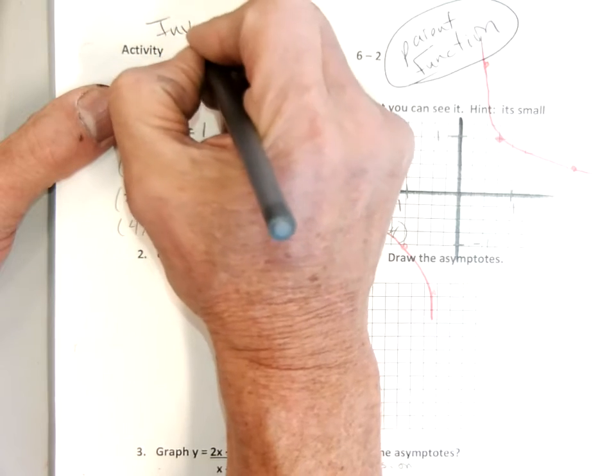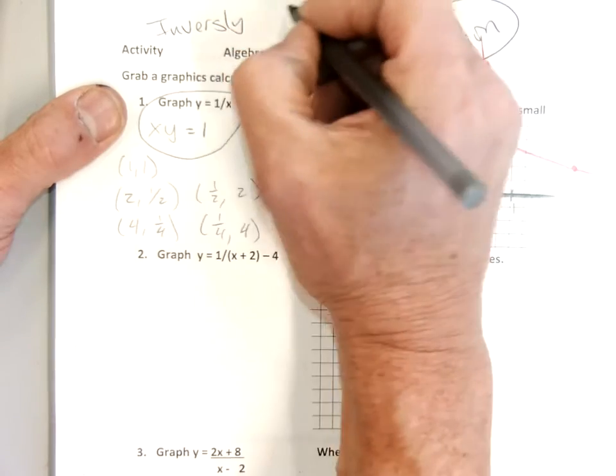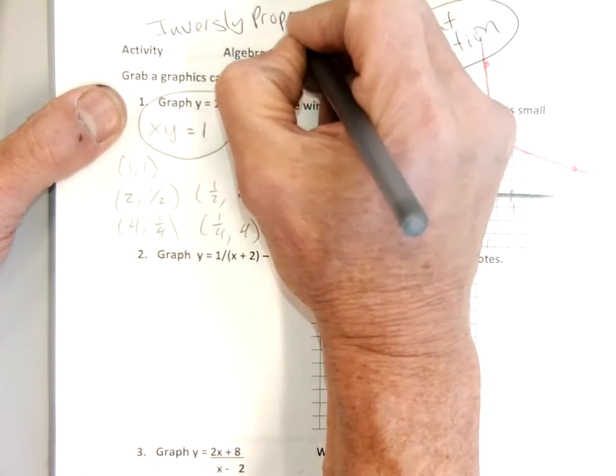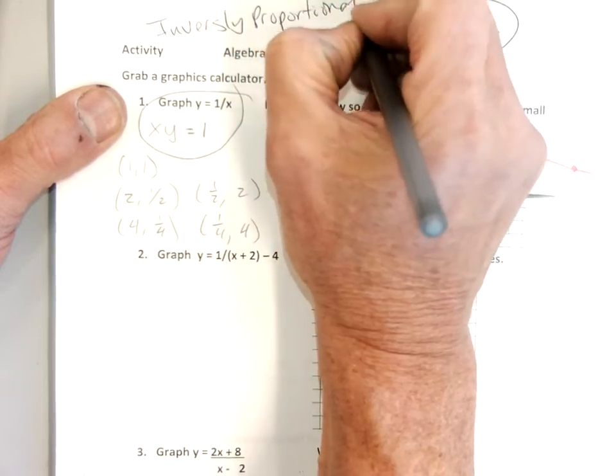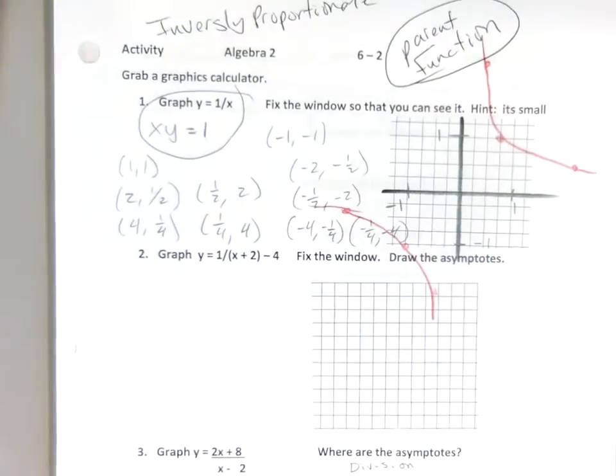It is inversely proportionate because as one value, okay, write that down, I want you to watch, write that down, it is inversely proportionate because as one value gets bigger, the other gets smaller, right? See that? Or as one value gets smaller, the other gets bigger. It is inversely proportional. Okay?